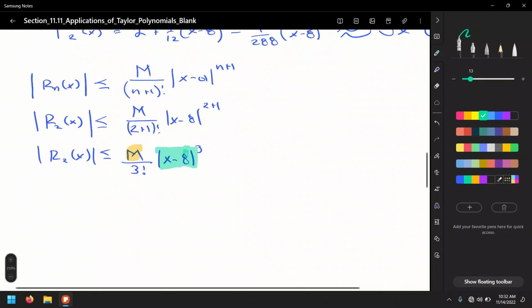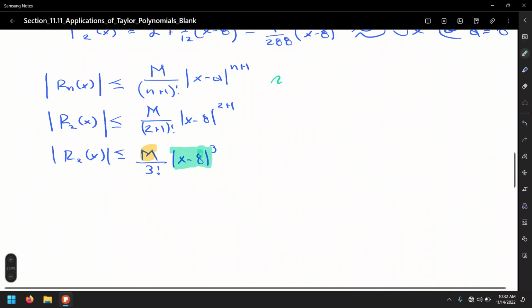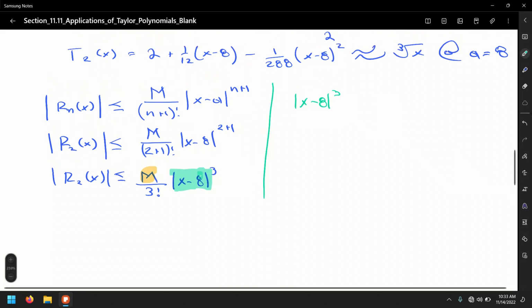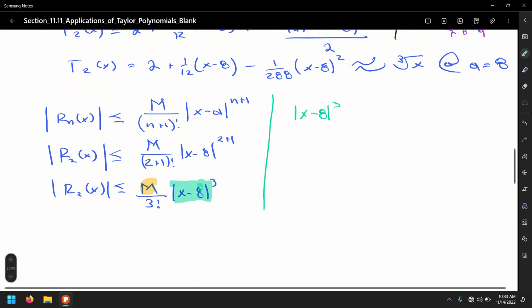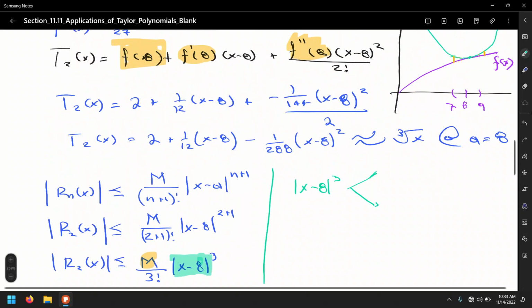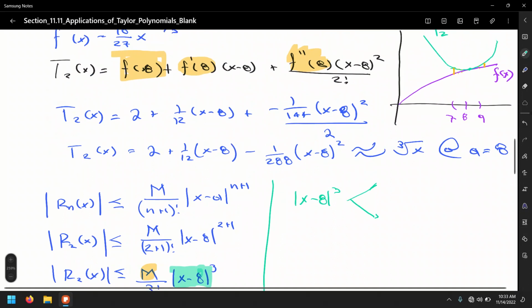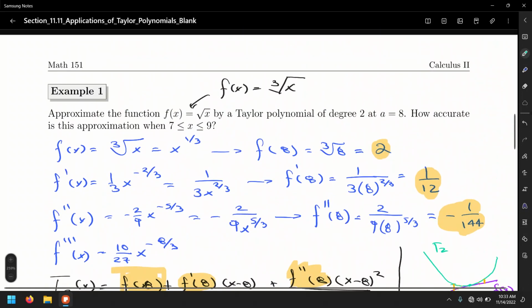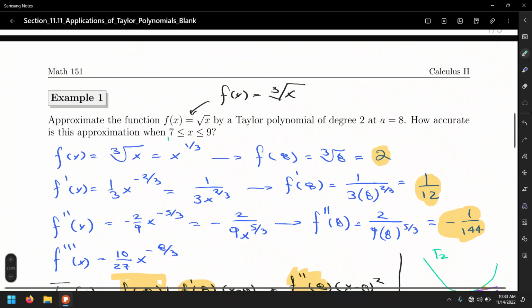On the one hand, I'm going to compute the quantity absolute value of x minus 8 to the third power, and well, notice in this case we can evaluate this expression at two different values. Number one, those are going to be the endpoints of the interval that we want to study about this Taylor approximation.